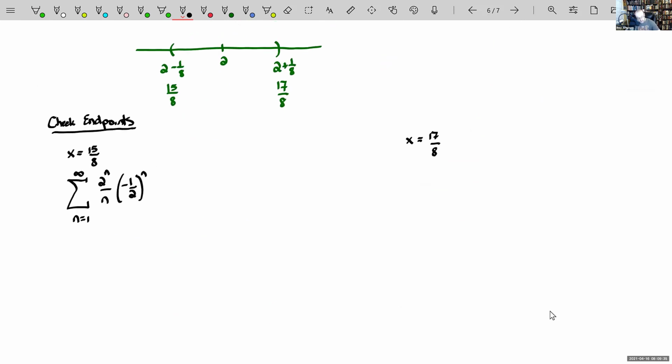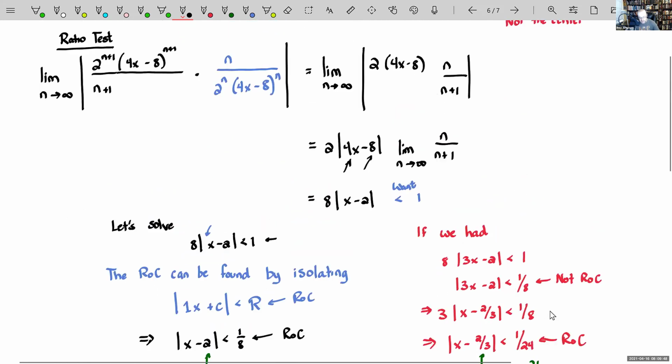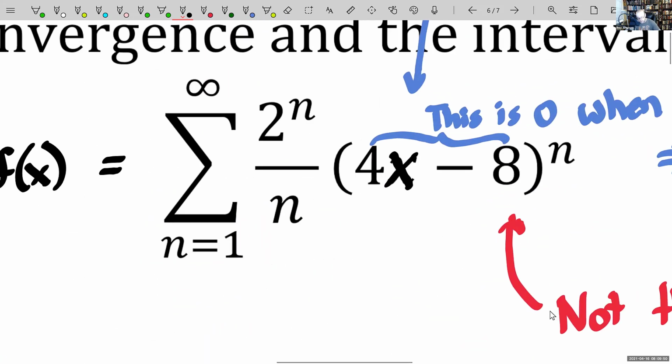And I'll even write the same thing over here for 17/8. The series again was 2 to the nth over n. And if you try to plug in 17/8 into our original power series, in for x here, 17/8 times 4 is 17 halves, minus 16 halves is a 1/2.